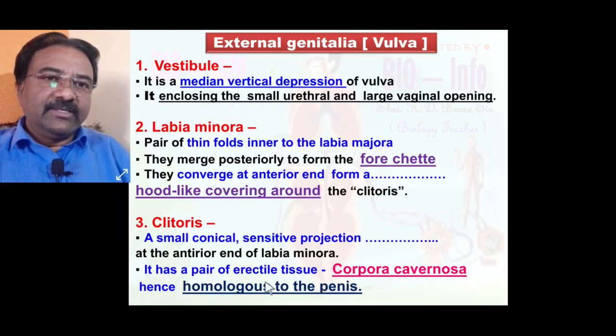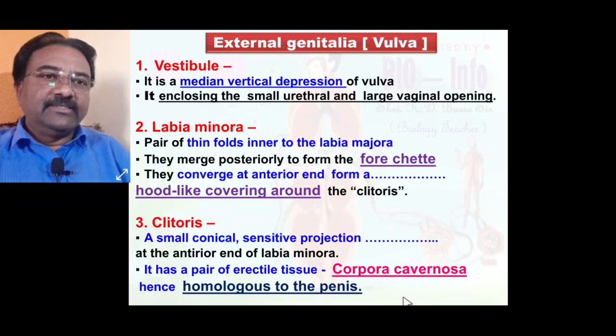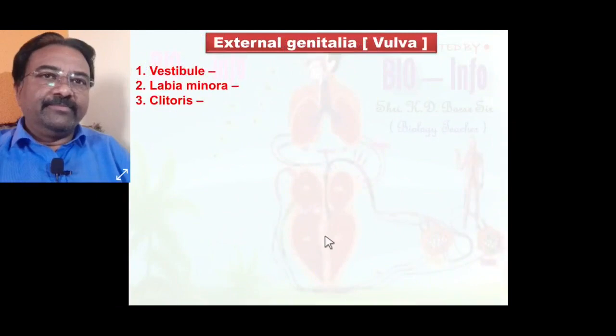Because erectile tissue known as corpora cavernosa is seen both in the clitoris as well as the penis. So clitoris is homologous to the penis. Now the fourth part of external genitalia vulva is known as labia majora.